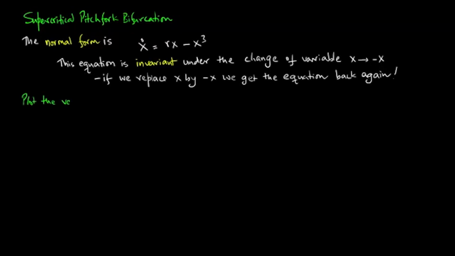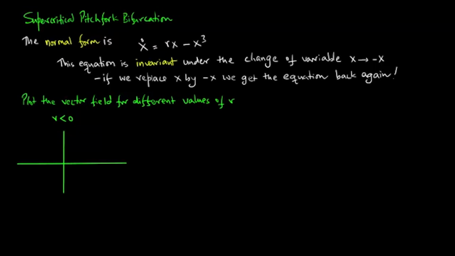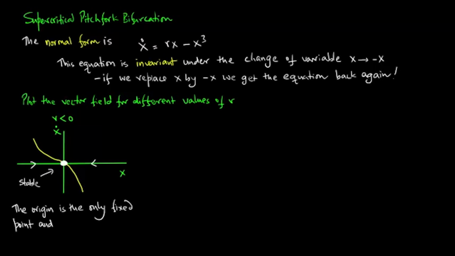So let's plot the vector field for different values of r. So for r less than 0, we plot x dot versus x. And we find that we have a stable fixed point. The origin is the only fixed point and it is stable.